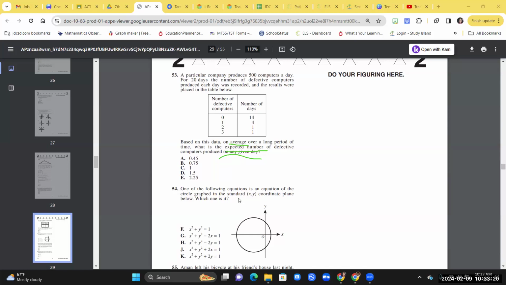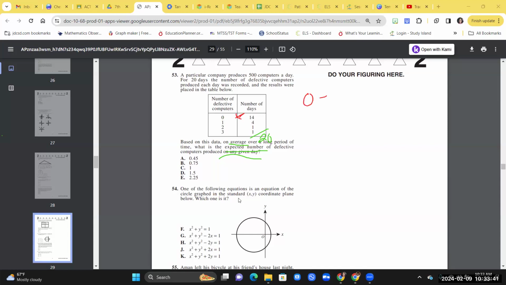Average, so we know we've got to add and divide. If you look at your total days, that will give us 20. We'll take our amounts defective and multiply by the number of days.